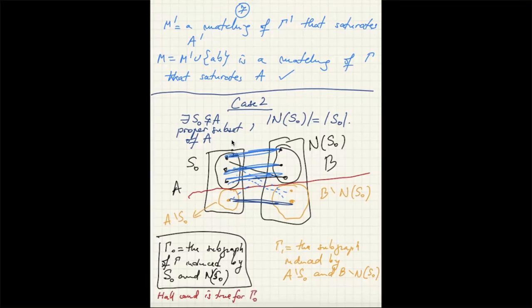This follows because Hall's condition is true for gamma, and that implies that Hall's condition will be true for gamma 0. Because of that, there exists a matching M0 in gamma 0 that saturates S0.